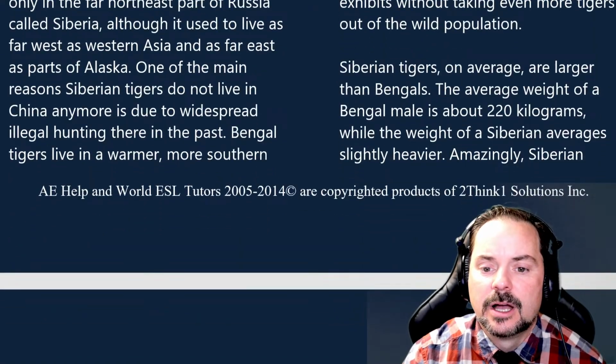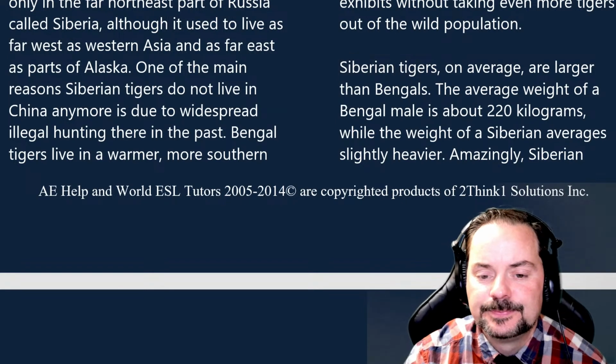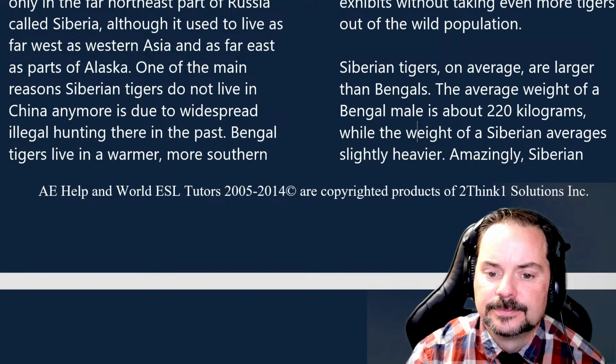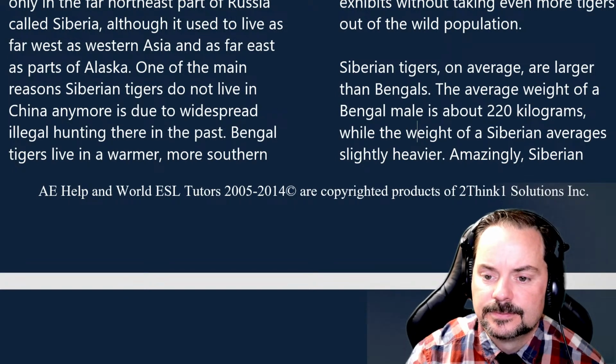Okay, keep reading. Siberian tigers on average are larger than Bengals. The average weight of a Bengal male is about 220 kilograms, while the weight of the Siberian is slightly heavier.